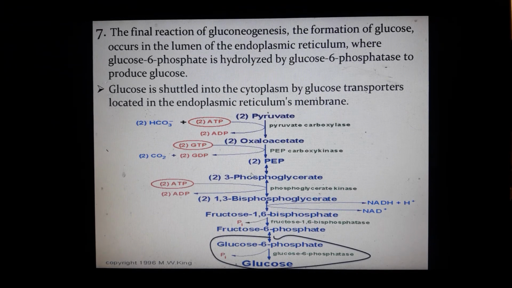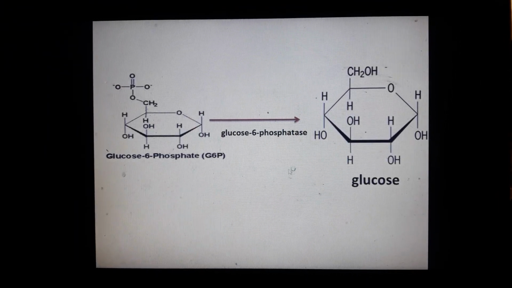Okay? This glucose will be utilized for the glycolysis process. So you see, this is also what the human body uses when you are starving and lacking energy. Then the glycolysis process happens in order to produce energy again. Okay?